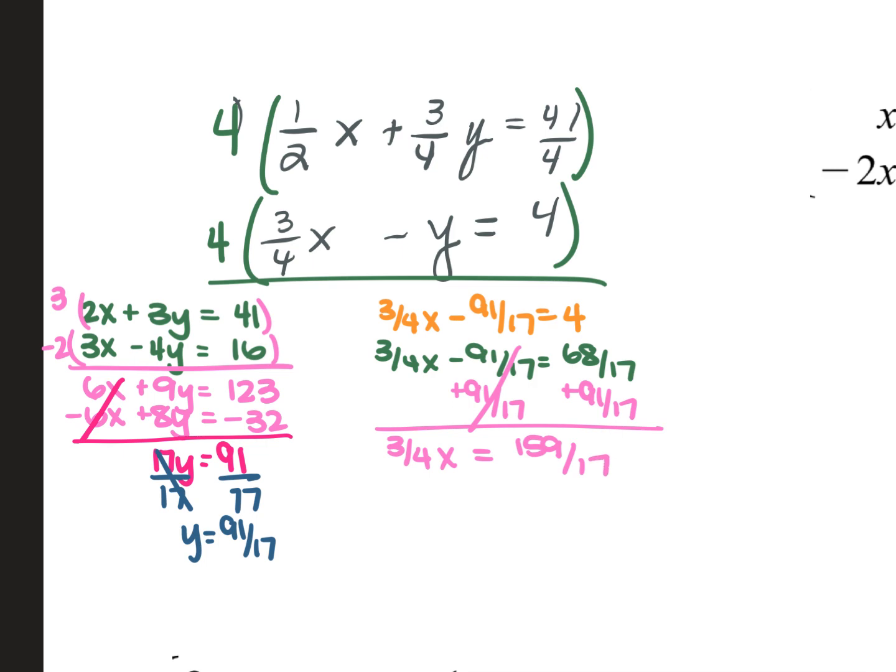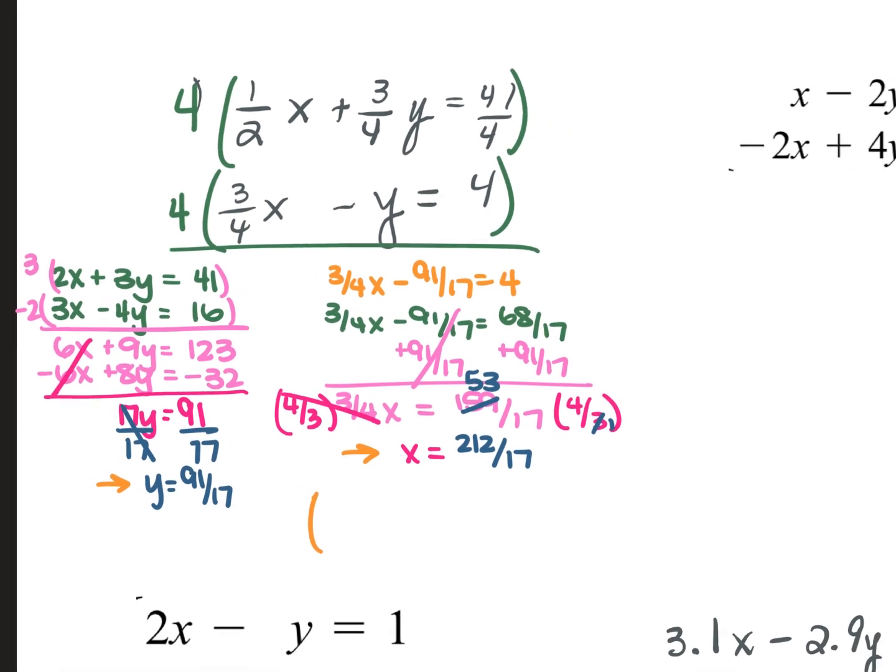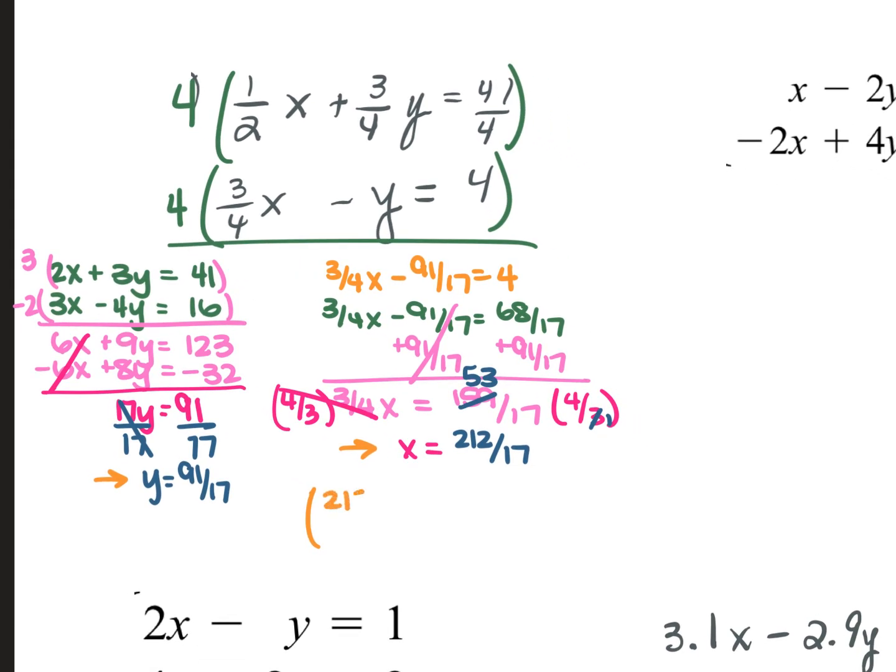From here, we're going to multiply each side by the reciprocal, so that's the 4/3. 3 goes into 159 53 times. So it's 53 times 4, which is 212 over 17. So you got your x, you got your y. Put those in as an ordered pair, and you should have 212 over 17, comma 91 over 17.